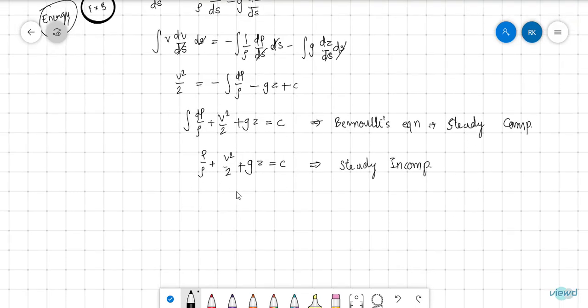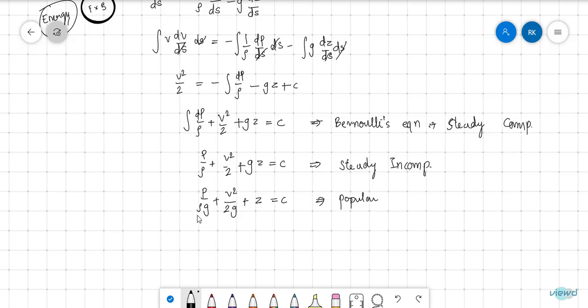This can also be represented as, if we divide by g, p/ρg plus v²/2g plus z is equal to constant. This is the popular one, so we will be using this equation.